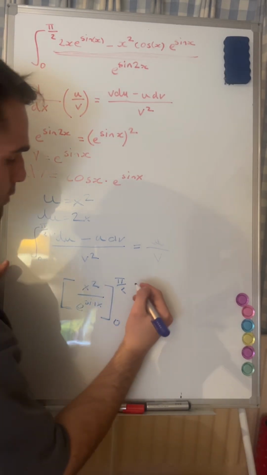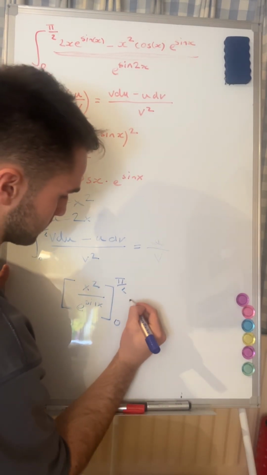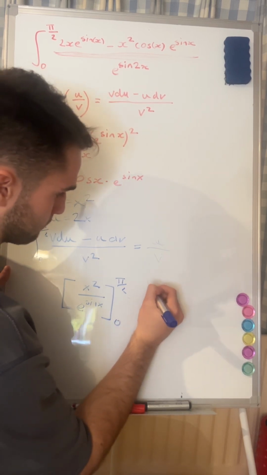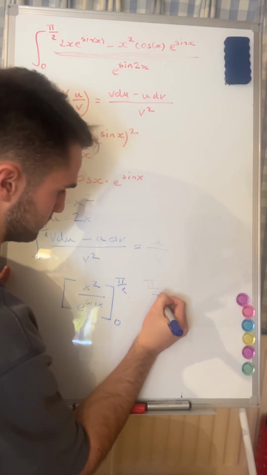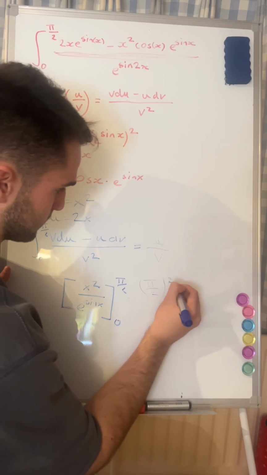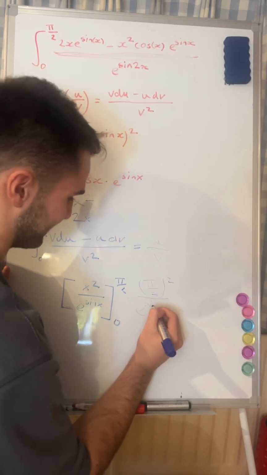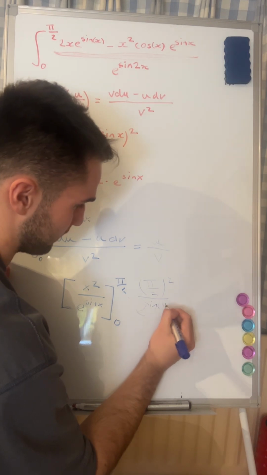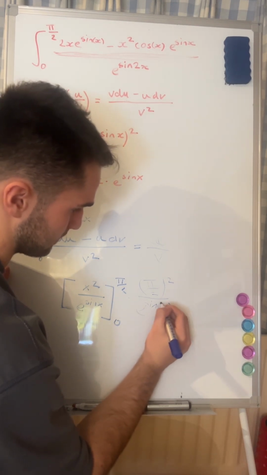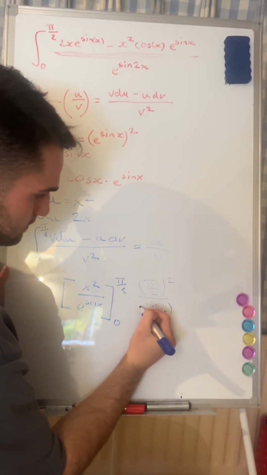So we just need to do the top one, which equals pi over 2 squared over e to the sine of pi over 2.